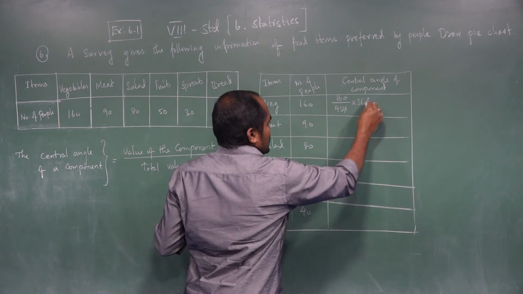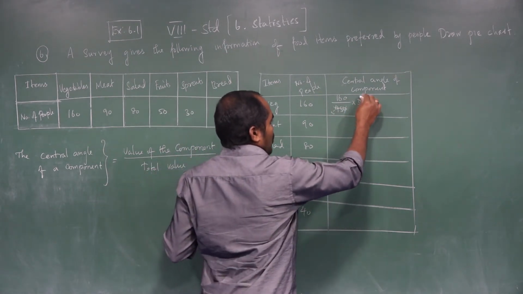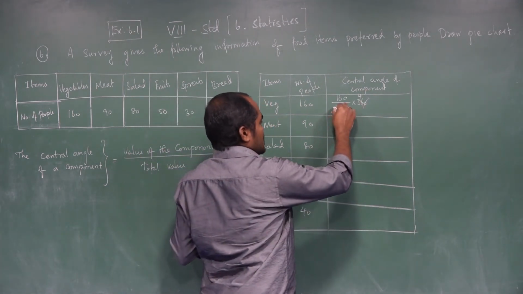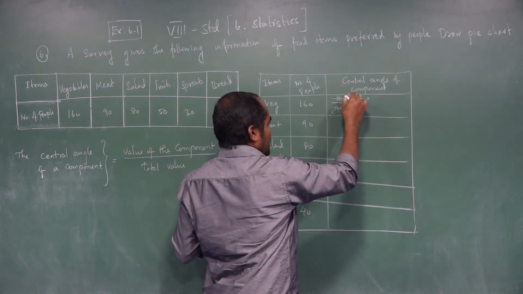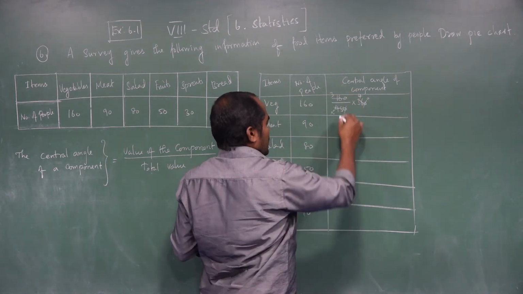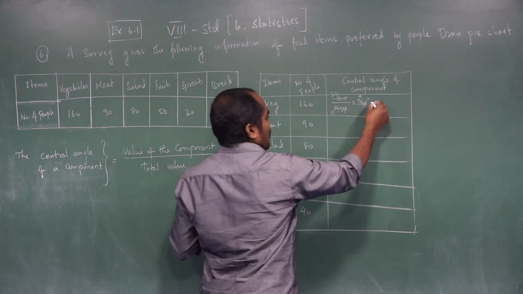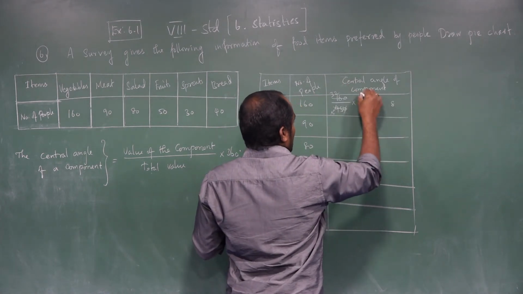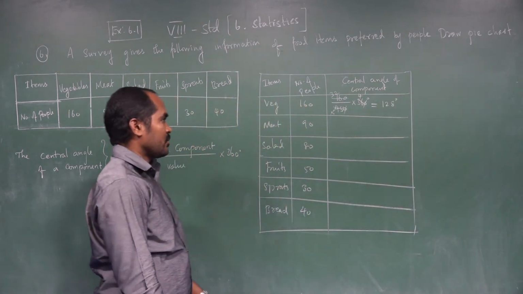Here 0 and 0 cancel, 5 nines are 45, 4 nines are 36, 1 5 is 5, and the remaining 3 5s are 15, remaining 1, 2 5s are 10. So 32 into 4. 4 2s are 8, 4 3s are 12. So this is 128 degree.